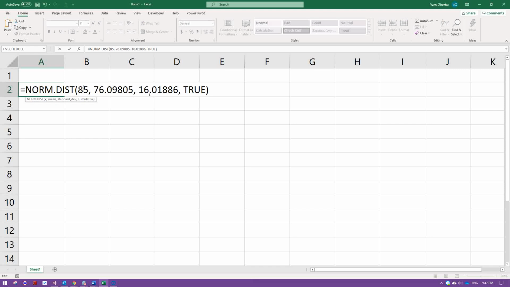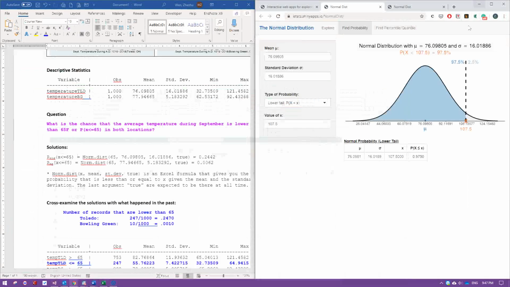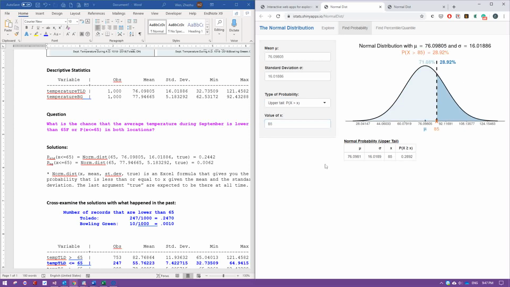Other parameters remain the same. So what you can do is actually 1 minus this value, okay? Which is the same with this result. Okay, so this gives you probability that temperature being larger than 85 for the Toledo area.